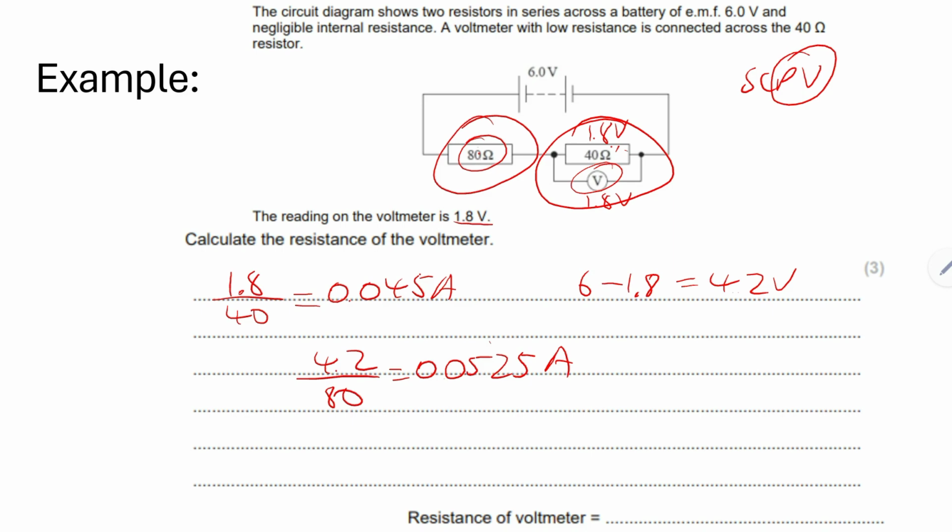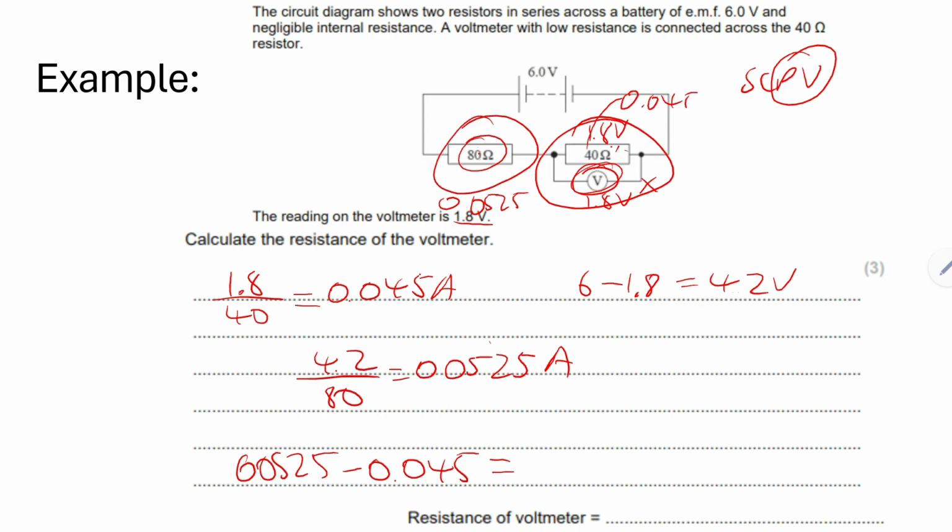So we do 0.0525 minus 0.045 to give us the current going through V. We can see that the current over here is 0.0525, and we can label this as X, the current going through V, and we know the current going through the 40 ohm resistor is 0.045.